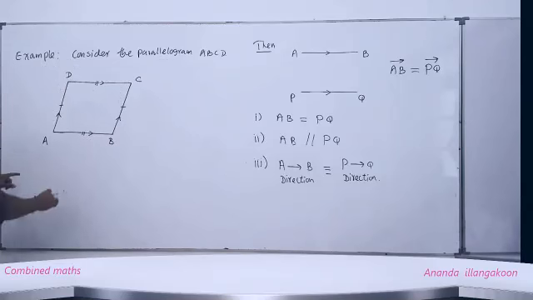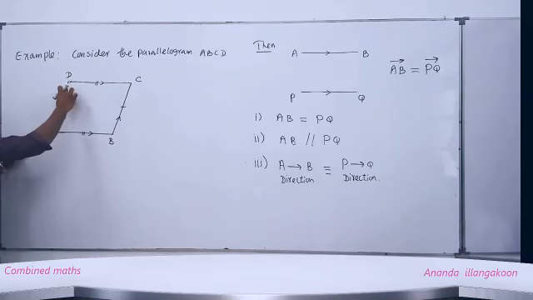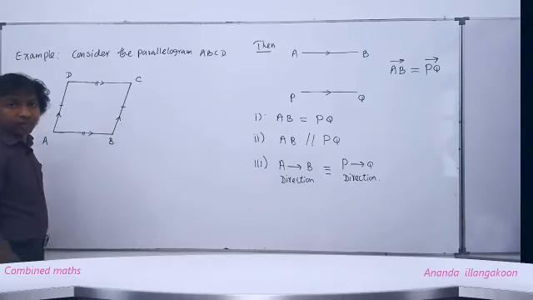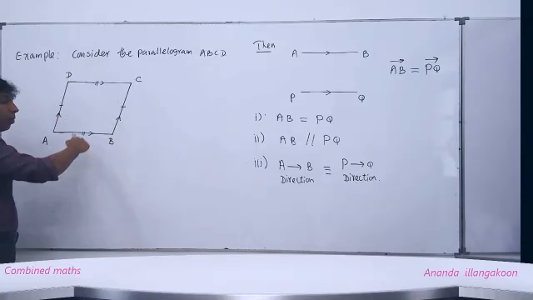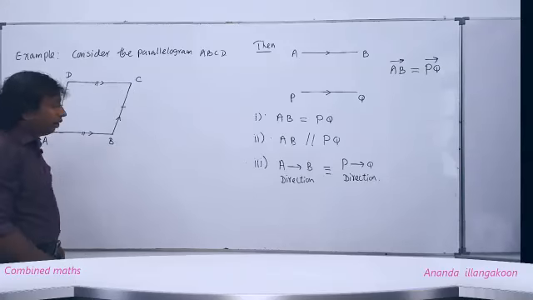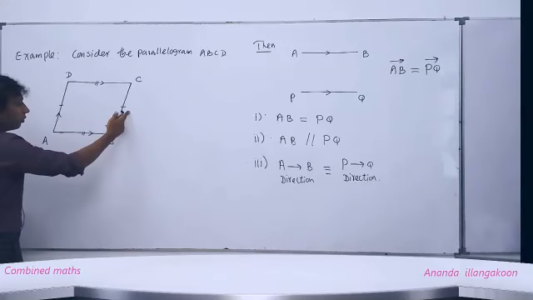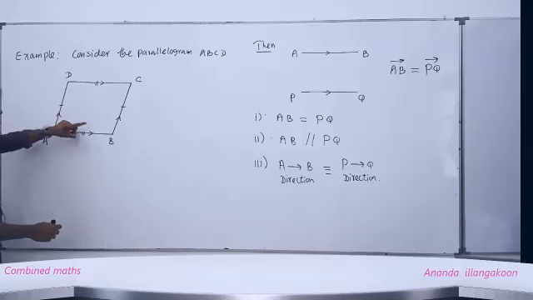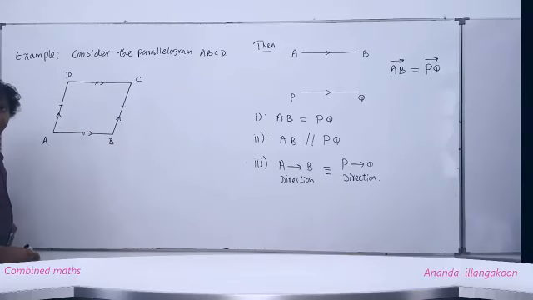Right, now here, can you give me two sets of equal vectors? This length being equal, this quality is satisfied. These two are parallel, second quality satisfied. The direction of the arrowheads being the same. So therefore, AD vector and BC vector are equal.